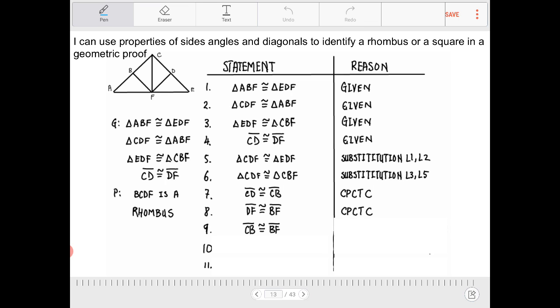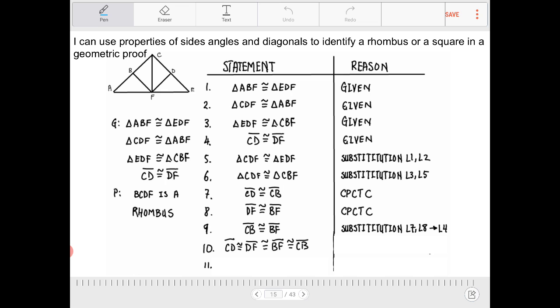We're going to say that CB is congruent to BF, which again is a substitution between lines 7 and 8 into line 4. The purpose of doing this is to show that CB is congruent to BF and CD is congruent to DF.